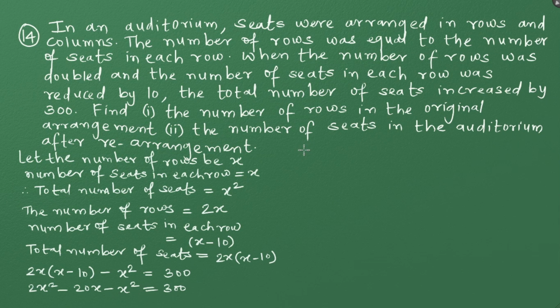A quadratic equation is obtained: x square minus 20x equals 300.